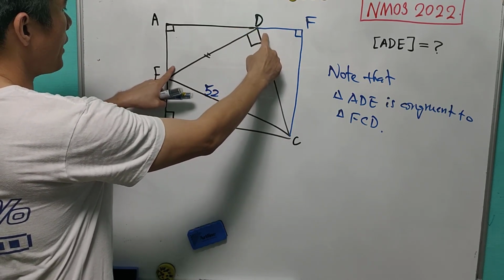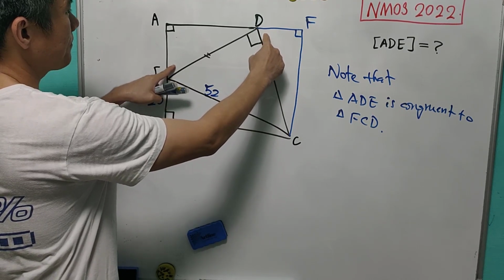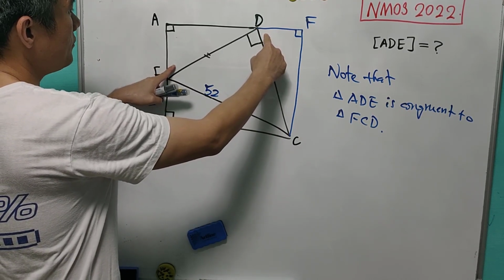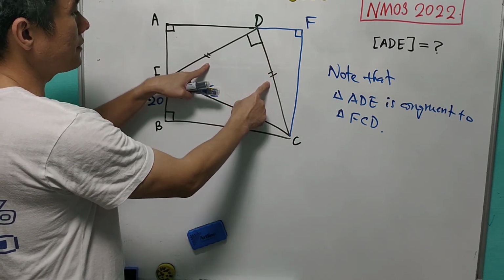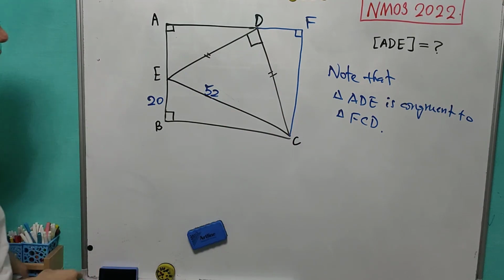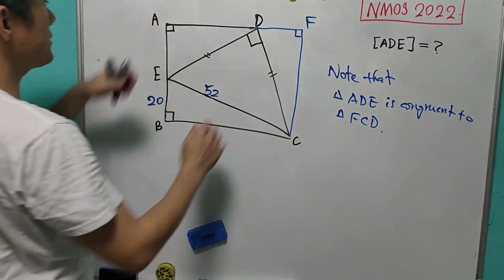That's right, these two angles AED and FDC are the same. In addition, the hypotenuse of these two triangles is the same. That's right, they are congruent, meaning that AE equals DF and AD equals FC.